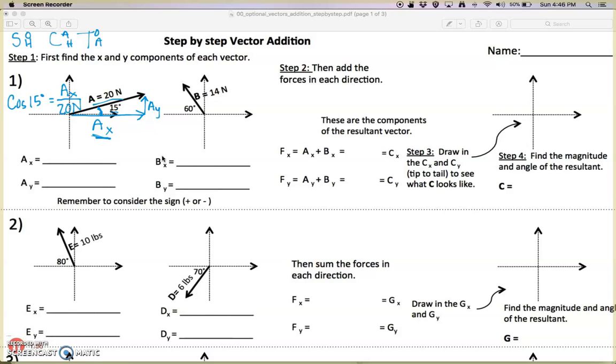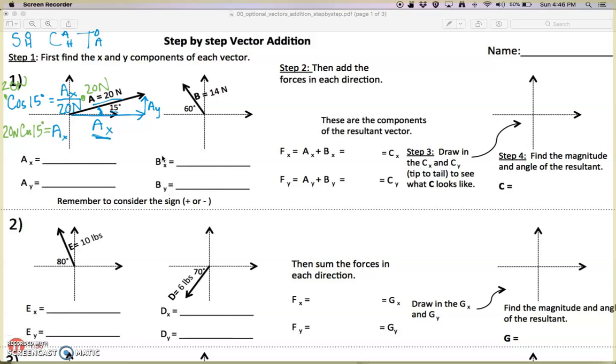I can go ahead and solve for AX by multiplying by 20 newtons on both sides. So AX is going to be equal to 20 newtons times the cosine of 15 degrees.